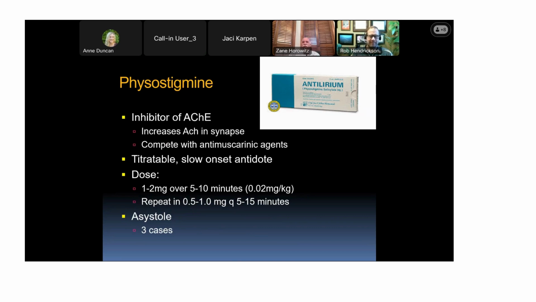But it is just like naloxone and flumazenil. It's a titratable drug. You can give them a little bit, and then you can find the lowest effective dose.